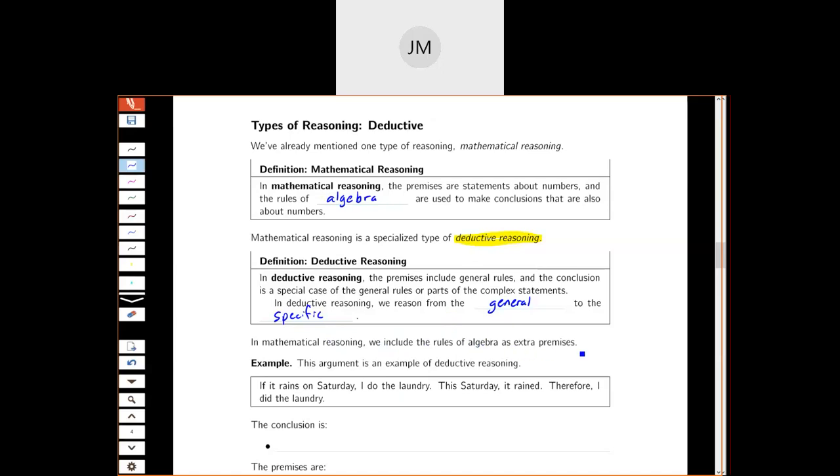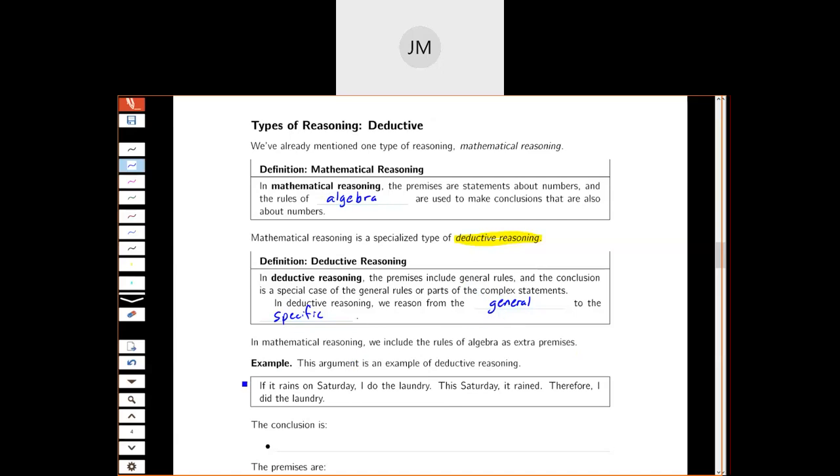If I'm writing something like 2x + 3 = 7, then without having to say it explicitly, we're assuming all of the rules of algebra are also known facts, like being able to subtract 3 from both sides of the equation to get another true equation. So in mathematical reasoning, we just include all of the rules of algebra.